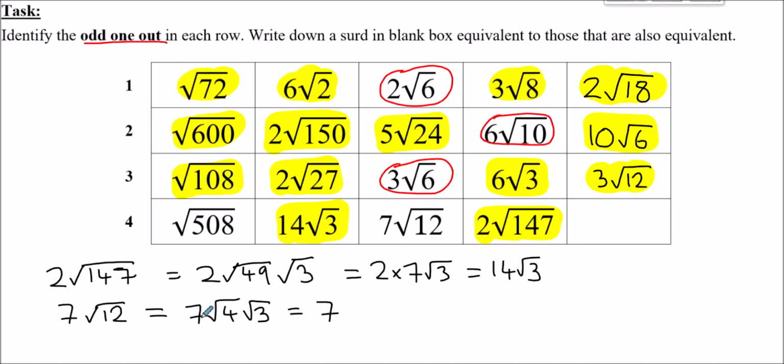So this is the same as 7 multiplied by 2 root 3. 7 times 2 is 14. So again, we get the same result here, that 7 root 12 is the same as 14 root 3, which is the same as 2 root 147. And so this one as well is the same. And so we can see here that these 3 are alike. Therefore, by a process of elimination, the odd one out here is actually this first one.